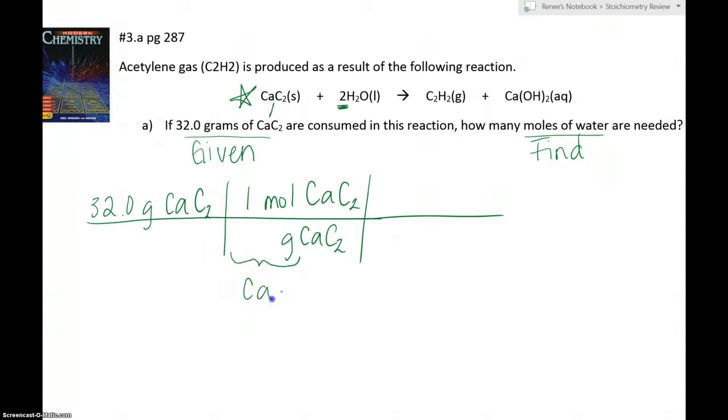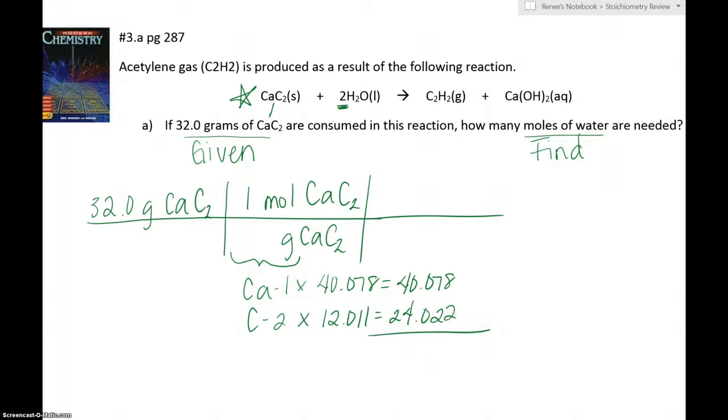And here we have a calcium and 2 carbons, 1 calcium. Multiply that by the molecular weights we see on the periodic table: 40.078 for calcium and about 12.011 for carbon, which leaves us, again, 40.078 and 24.022.